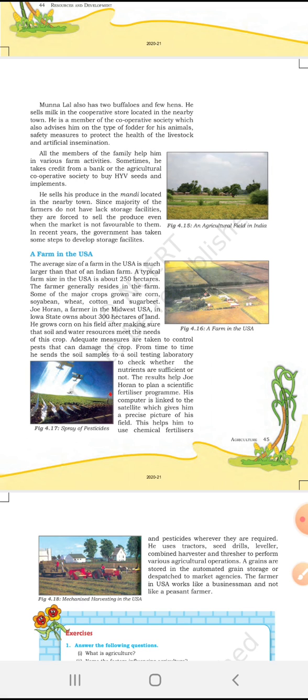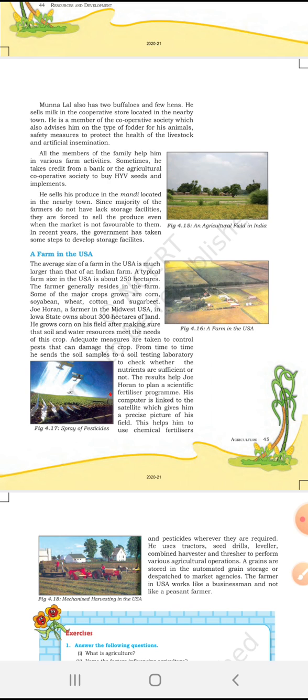Point number one, how things have been planned and how the things should be planned. Second, how much land we have, what is the nutritive value of the soil, what crops to be grown, and what combination of crops to be grown, how to use chemical fertilizers as well as insecticides, pesticides, etc.